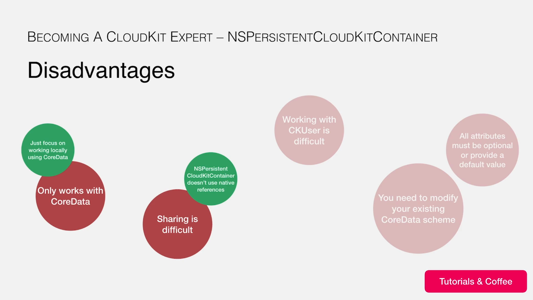The first one is, to share a record, we need to access the record. So on CloudKit, we have CKRecords, and we need to access that CKRecord and create a CKShare out of it. Now we can even solve that problem, because Apple provides an API where we can access the CKRecord that is created automatically for a specific CoreData entity.